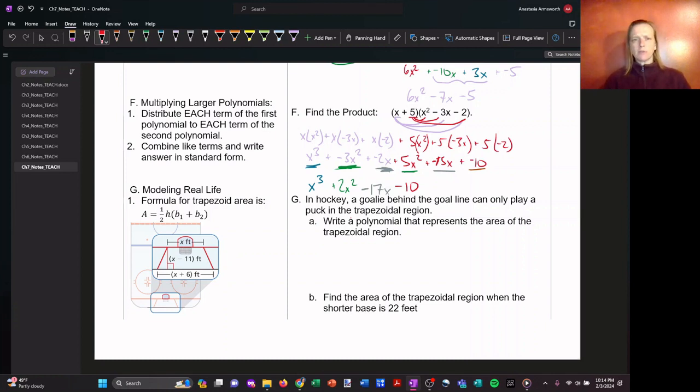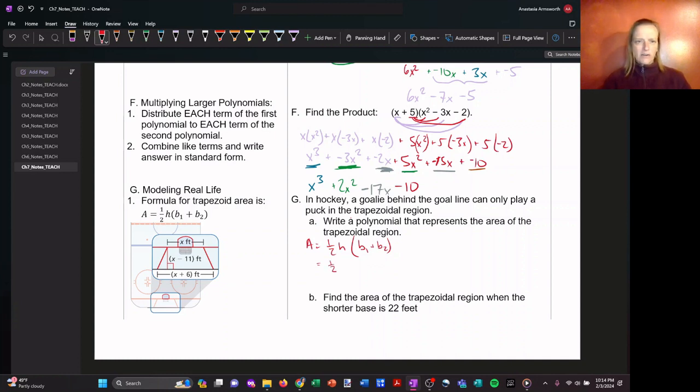So the area of a trapezoid is 1/2 h times b1 plus b2.